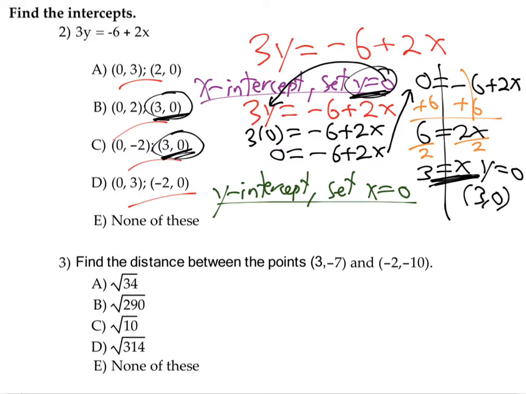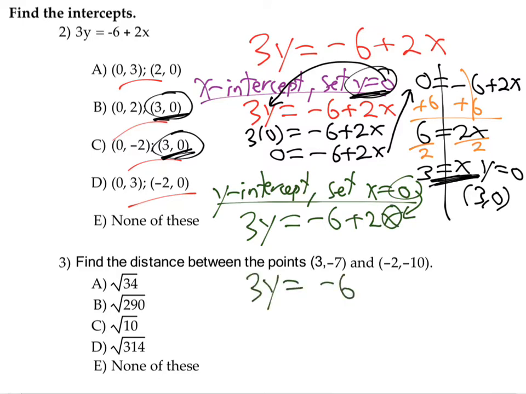So again, take the equation. Start with this same equation. 3y is -6 plus 2x. Same equation. This time, plug in 0 for x. So we get 3y is -6 plus 2 times 0. 3y is -6. 2 times 0, that's just 0, gone.